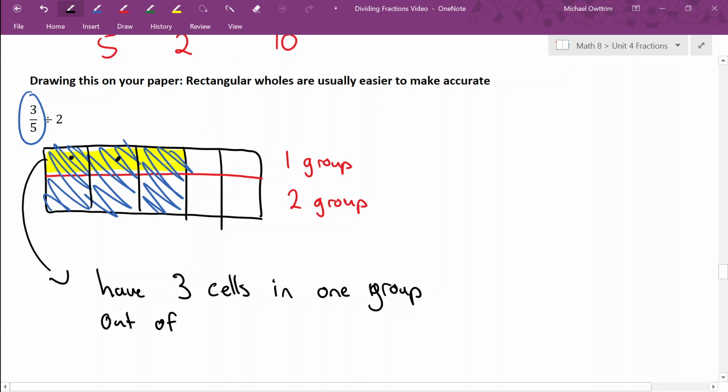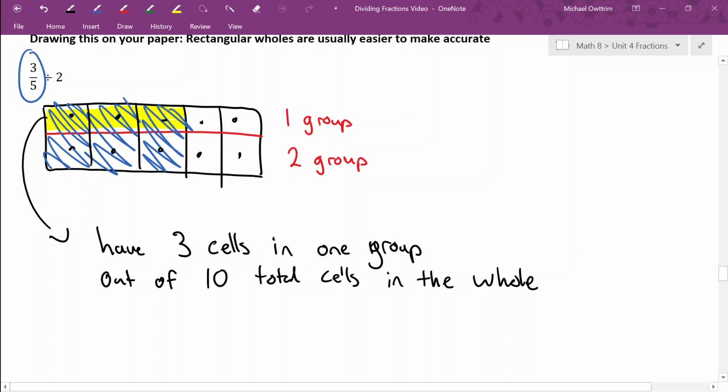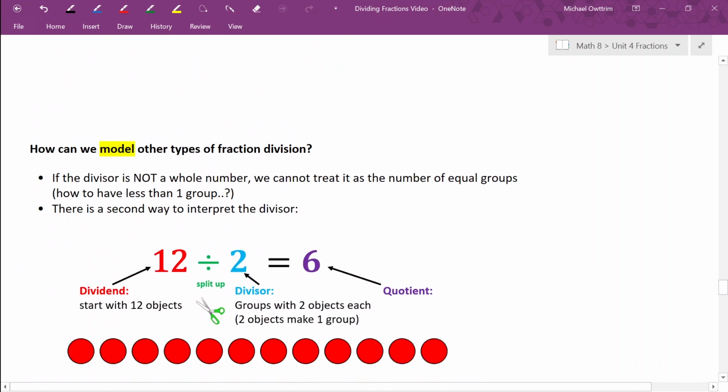There's 1, 2, 3, 4, 5, 6, 7, 8, 9, 10 in the whole. So of course this is also going to give us the answer 3 out of 10 for our division statement. Okay, so that would be how you might want to draw that a little bit easier on a test as compared to using the circles.